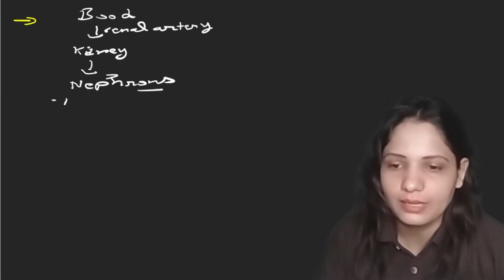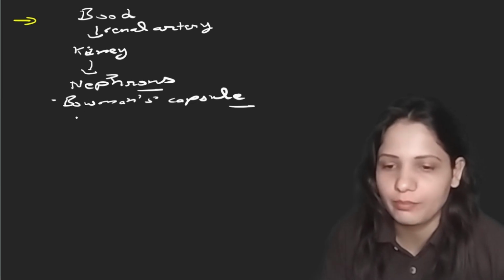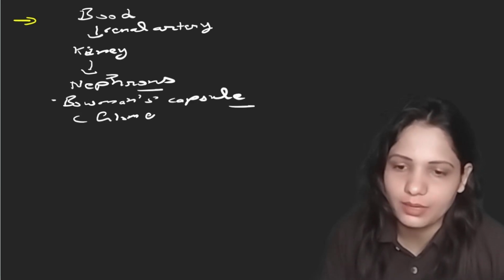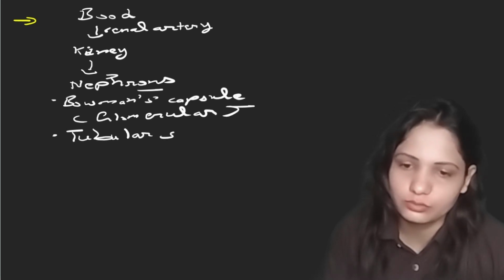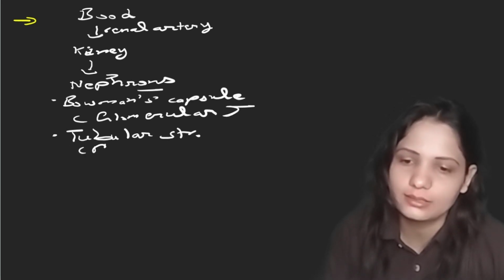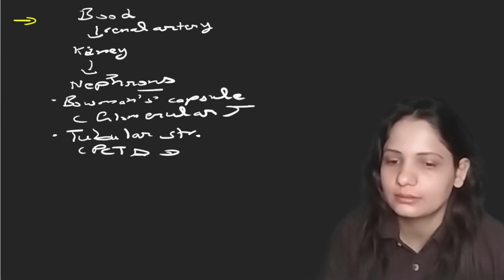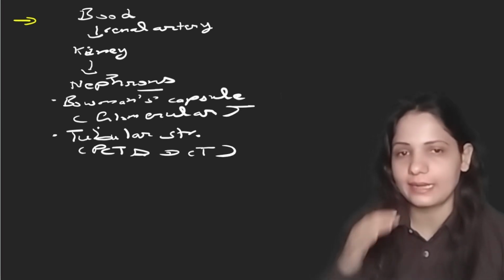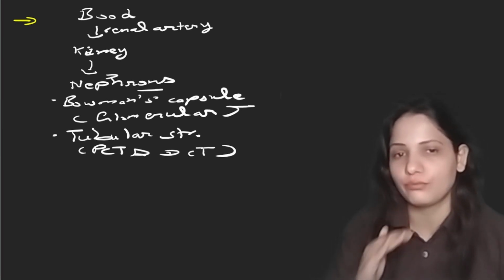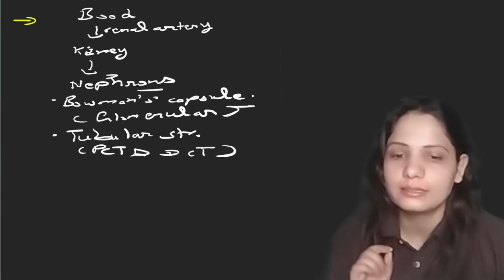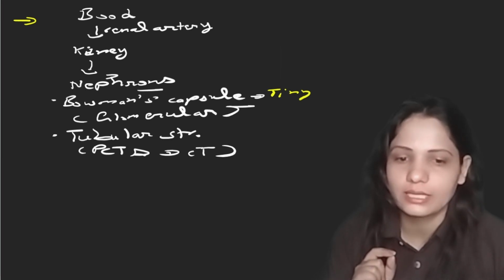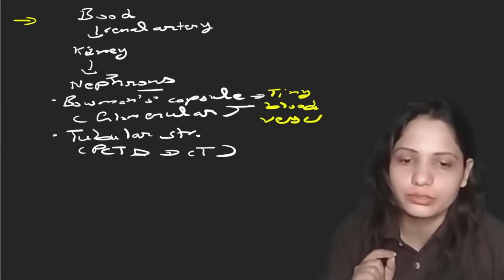Inside nephron, we have Bowman's capsule, which is the glomerular part, and the tubular structure, PCT and DCT. Inside the nephron, first it enters into the Bowman capsule where we have tiny blood vessels, and inside these blood vessels, blood will be filtered out.